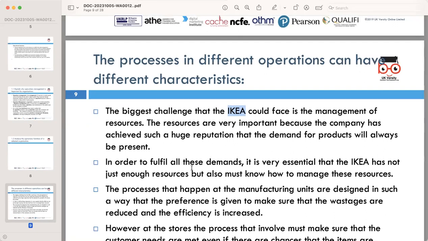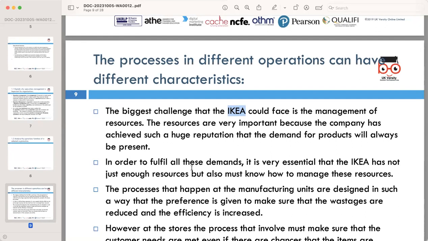So operations management within different segments of an organization can exhibit varying characteristics. For a prominent company such as IKEA, managing resources is a paramount challenge.